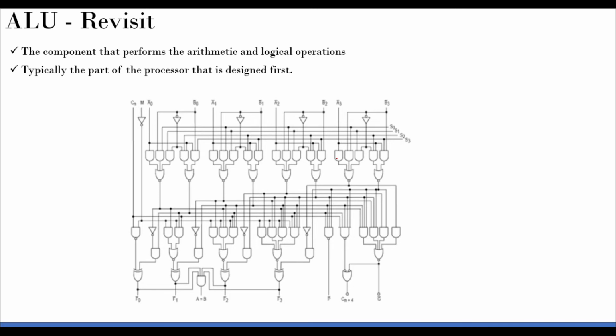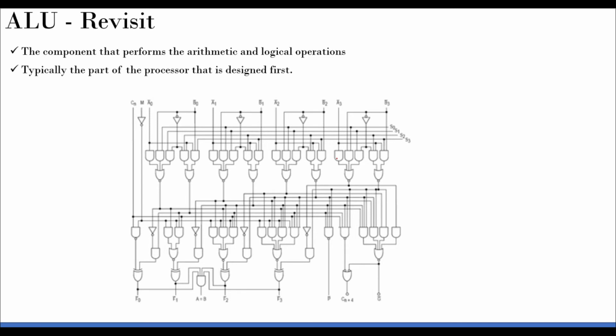But inside of this, you already know the arithmetic and logic unit. It does the arithmetic and logical operations, and typically, very, very important, if you're going to work in this space, the ALU is the first hardware design that you take up when you are going to design a new microprocessor, because it is the functional part of your circuit.